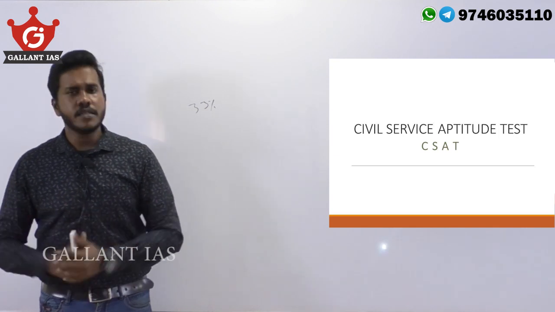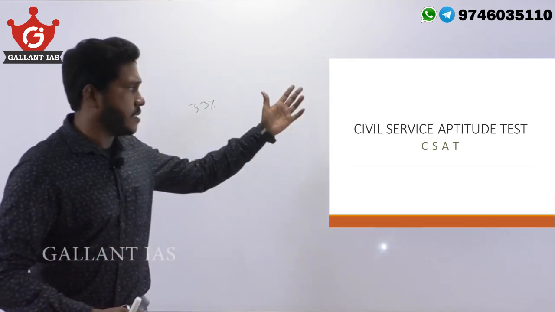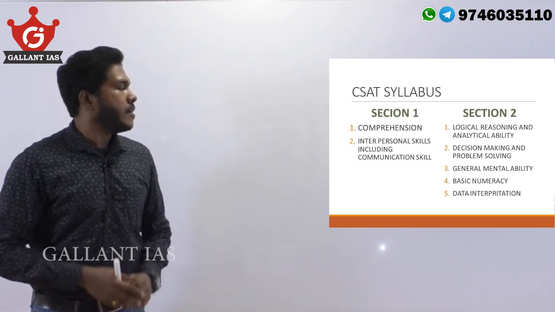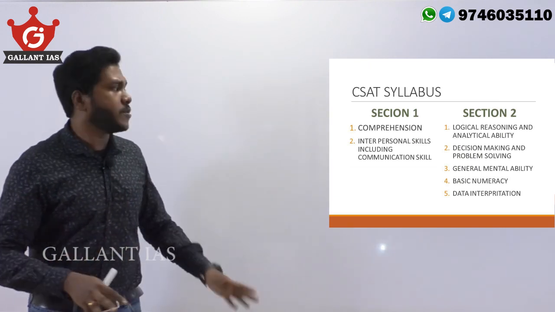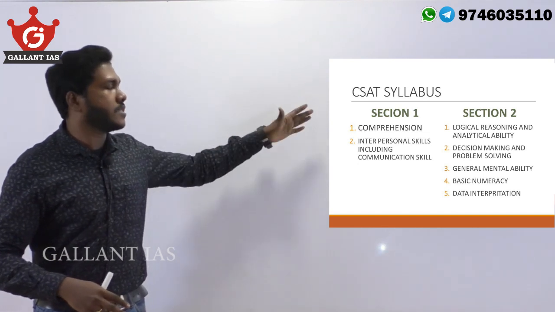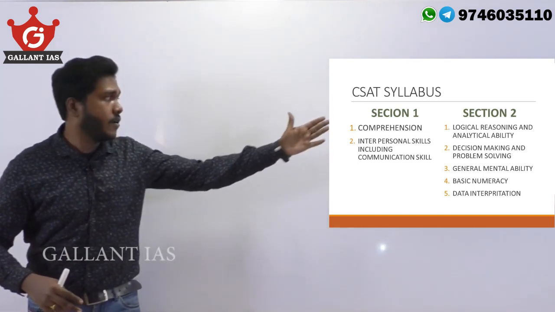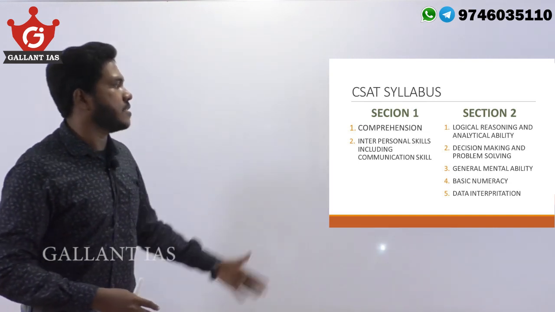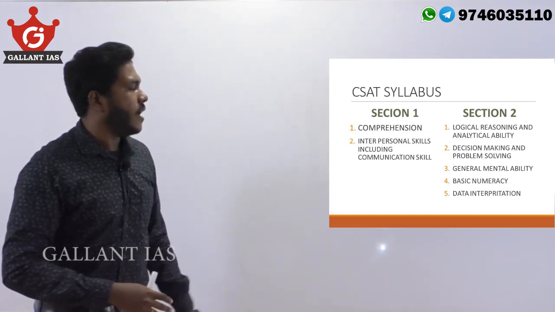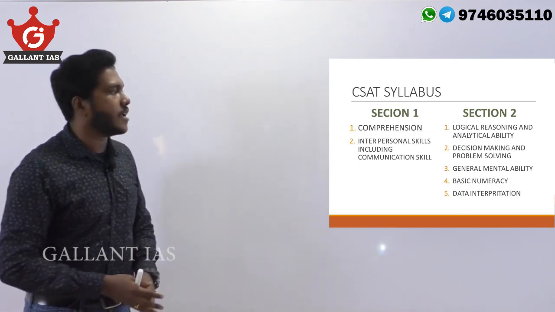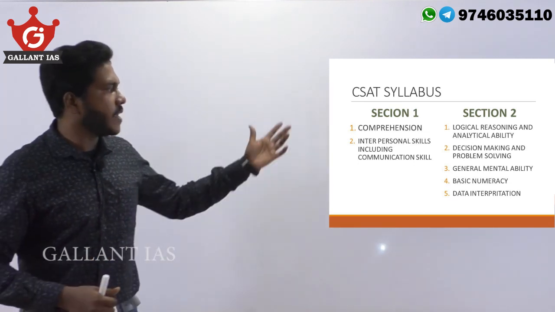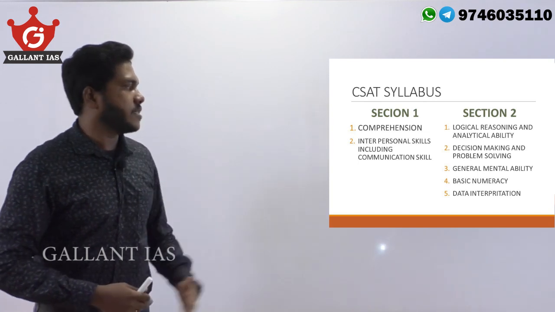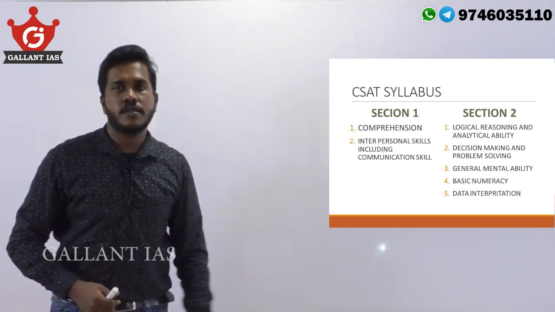Okay, now let's move on to the CSAT syllabus. So friends, this is our CSAT syllabus. For study convenience, I divided the whole CSAT syllabus into two sections. Section 1 consists of comprehension and interpersonal skills including communication skill, and section 2 consists of logical reasoning and analytical ability, decision making and problem solving, general mental ability, basic numeracy, and data interpretation.